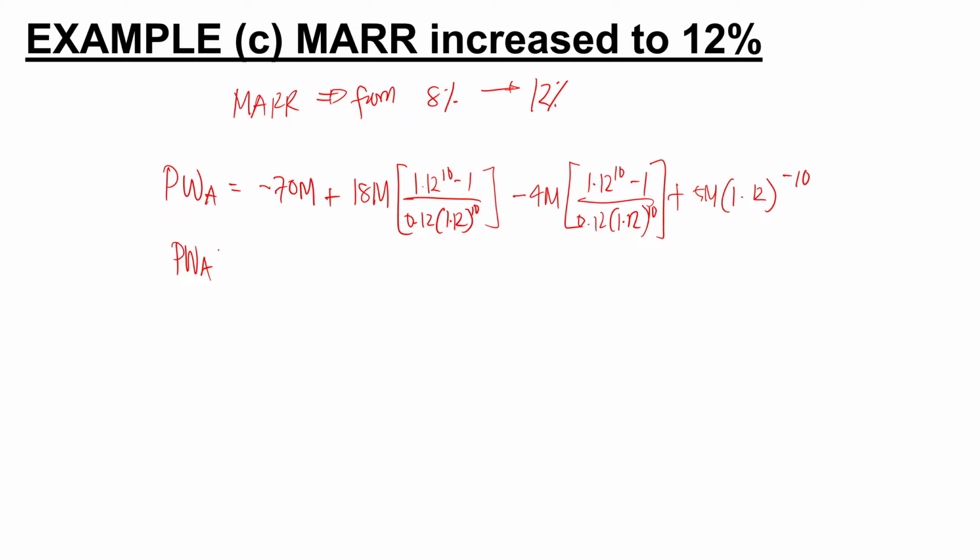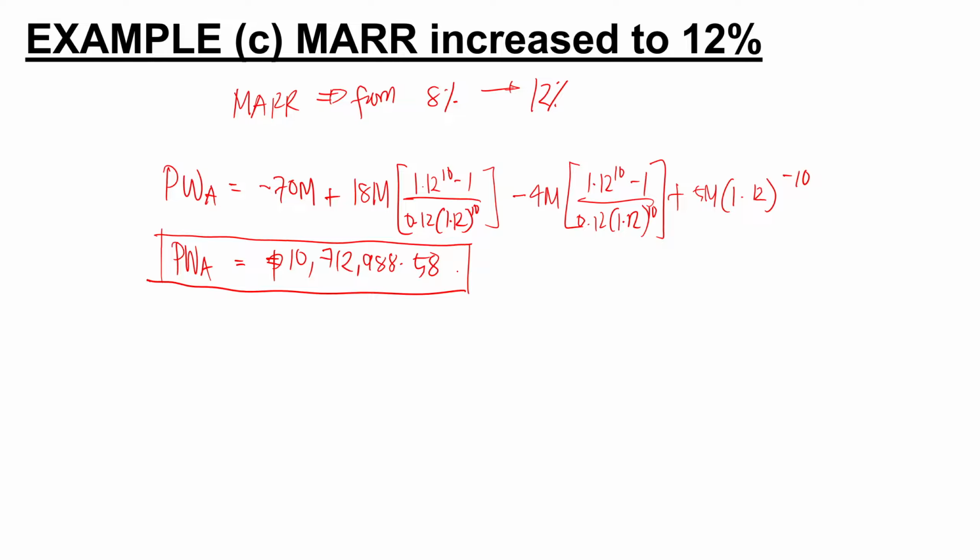And because of that increase, our present worth for A becomes 10,712,988.58 pesos. So there is a significant decrease because of the increased MAR. Previously, our present worth A is 26 million. Now it decreased to 10 million.